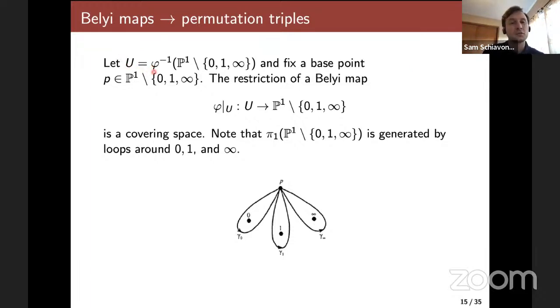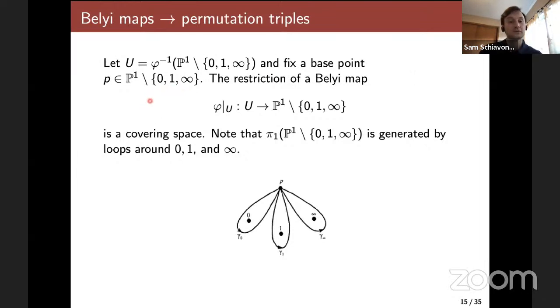So let U be the preimage of P1 minus the three points 0, 1, and infinity. And we're going to fix a base point P in P1 that is not one of these three special points.